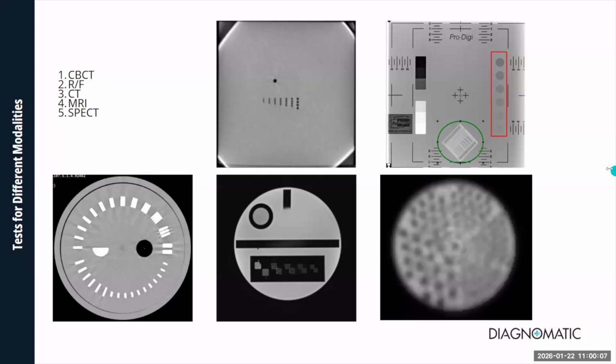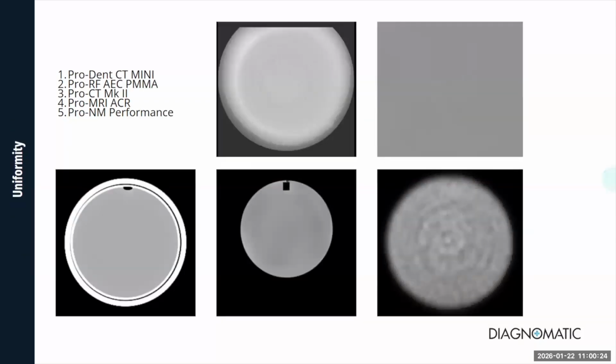So usually, in most of the modalities, we check the same parameters, we check the same things. They can vary from machine to machine, but you can see that we are focusing on the same things. So in dentistry, this is the Broad and CT Mini.